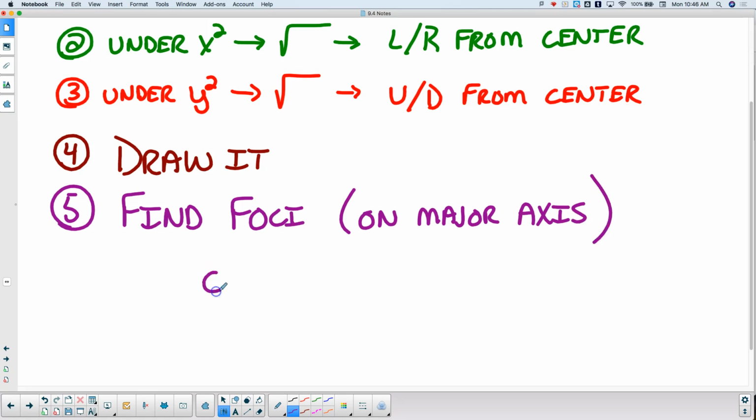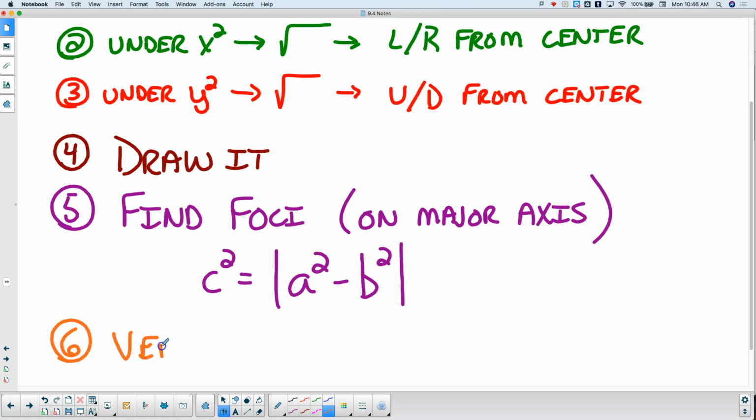And what we need for that is c squared is equal to a squared minus b squared, or c squared equals the absolute value of a squared minus b squared. That's going to give me c, and then I'm going to add and subtract it to x or y, depending upon which one is my major axes. And then lastly, my vertices are the endpoints of the major axes.